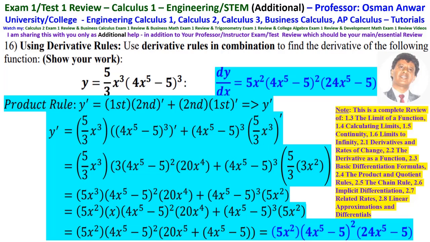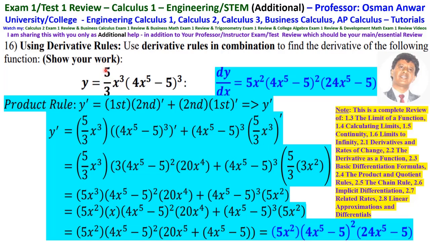Number 16, we're going to use the power rule, the product, quotient, and chain rule in combination to find the derivative. Use derivative of combination to find the derivative of this more complex function. So this is 5 over 3 x to the third times (4x to the 5 minus 5) to the third.